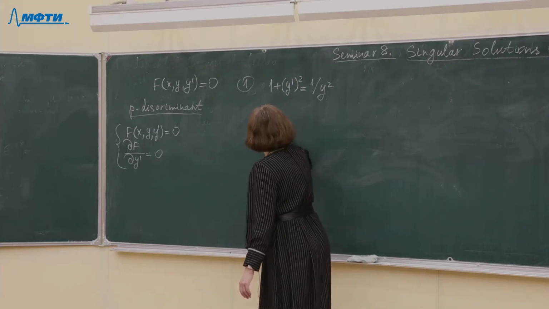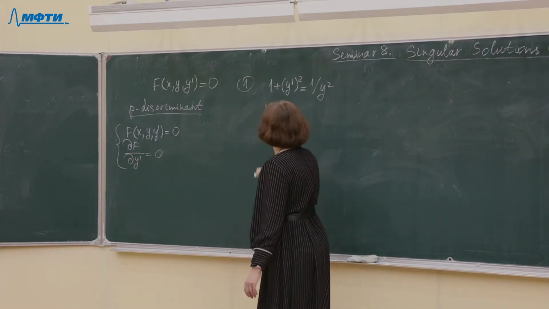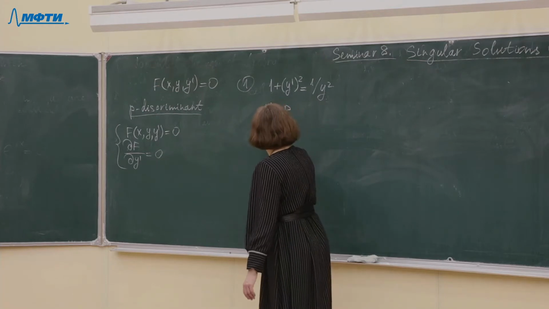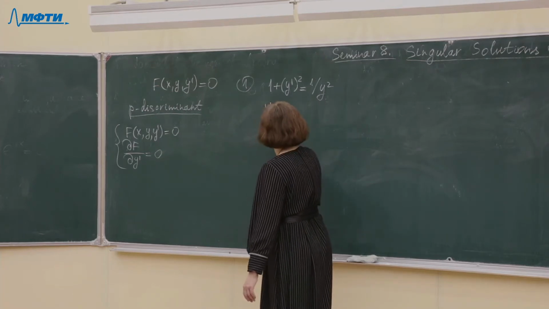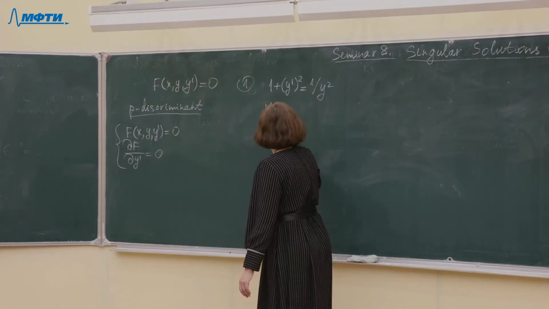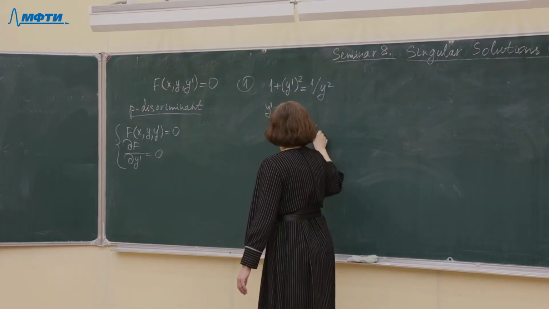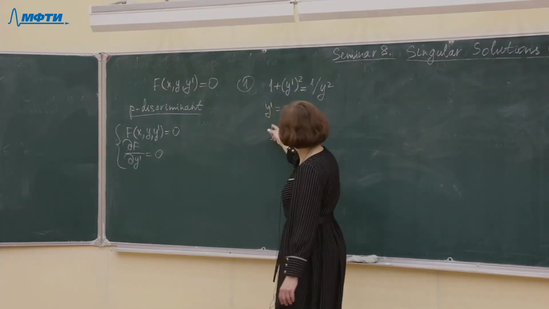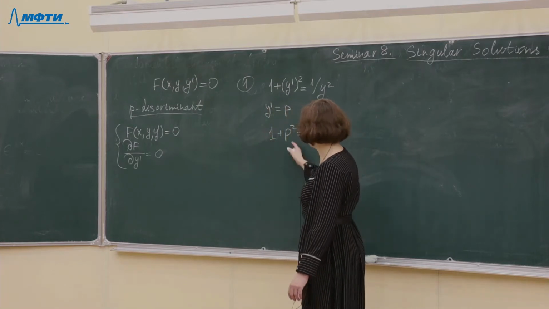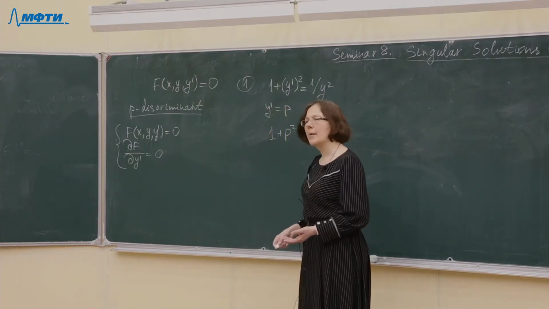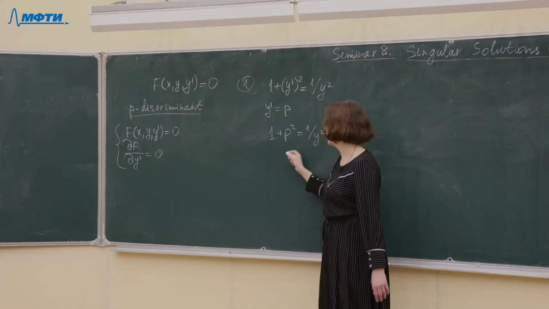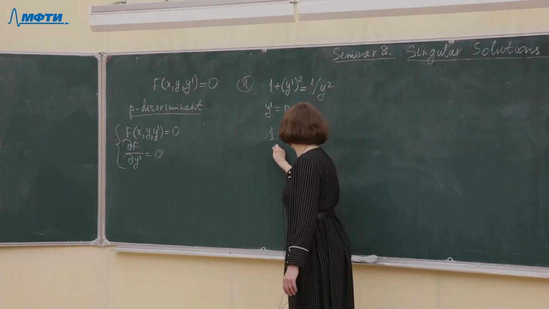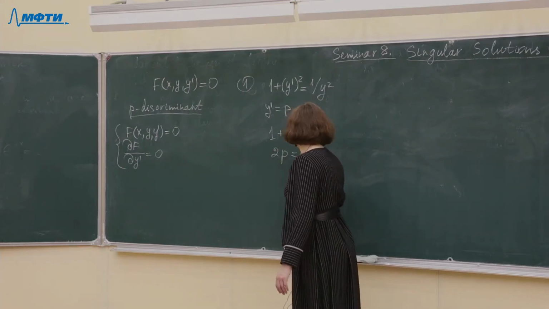So y prime is a parameter, call it p. So we have the equation 1 plus p squared equals 1 over y squared. And if we differentiate this equation with respect to p, we get the following.